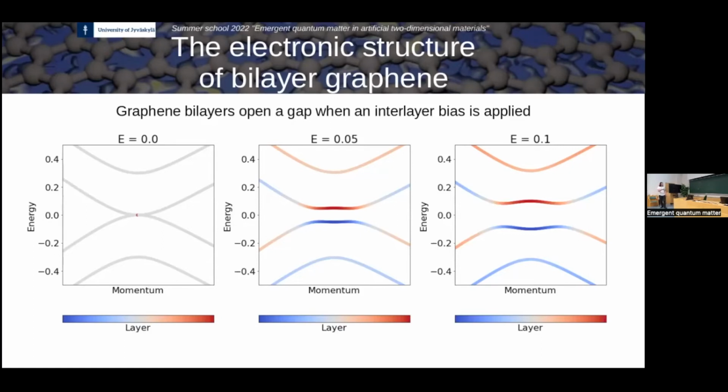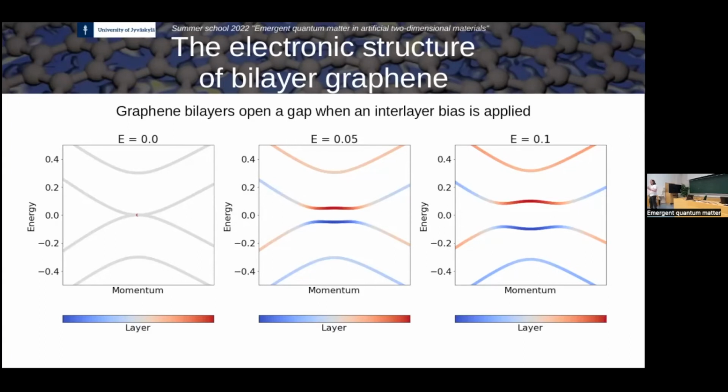And this is, of course, extremely interesting from the technological point of view, because it means you can turn a system that is a metal into a semiconductor with a bias. With this, you can imagine that you can very easily create quantum dots in space just by applying local gates. You can couple them with one another.